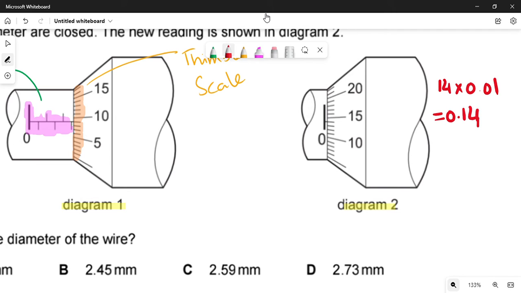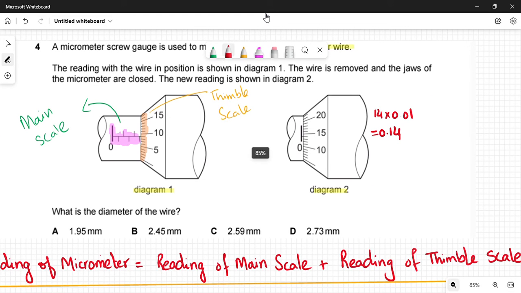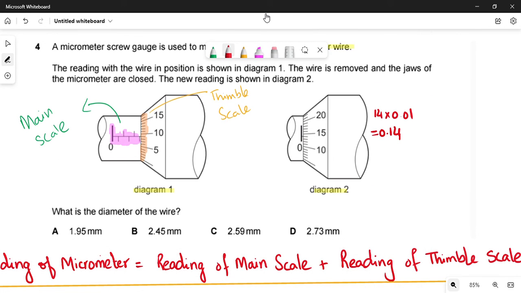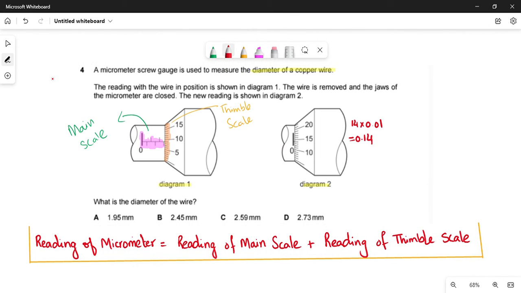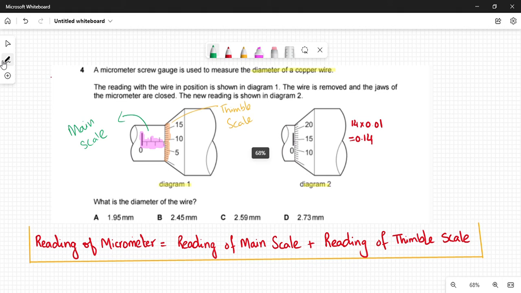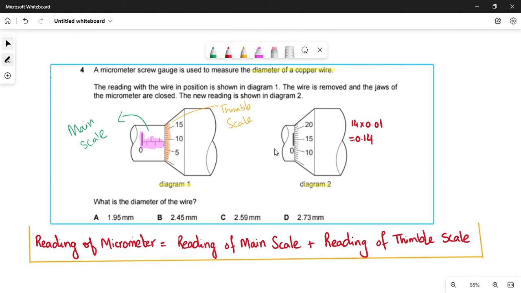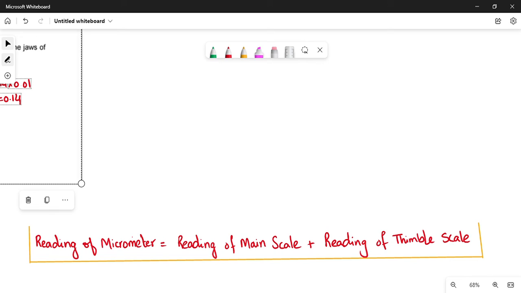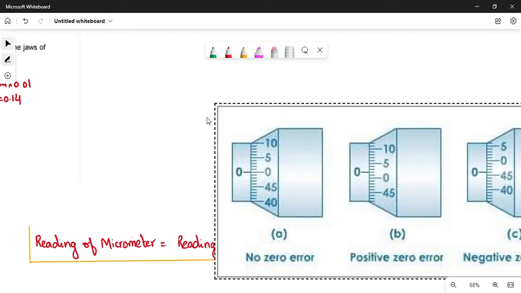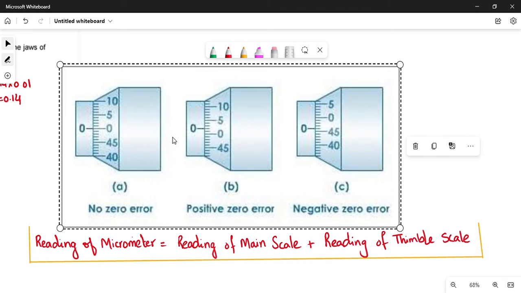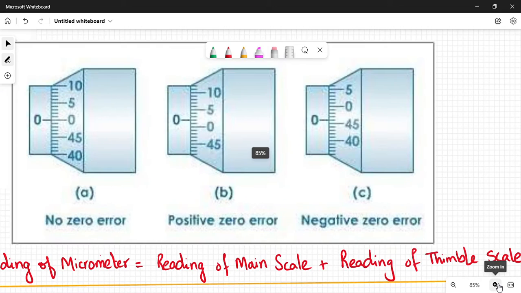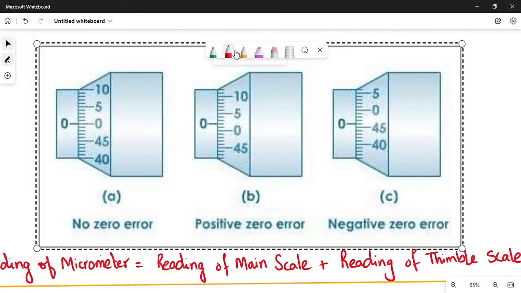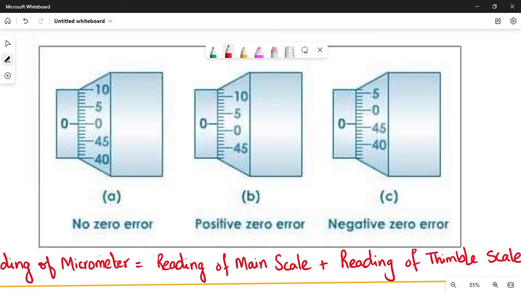Okay, so how do we find out the zero error? For example, let me share a picture with you, it will be more clear to you. Just give me a minute. Okay, so this is the diagram which we should observe carefully. You can see that the main scale line is coinciding with 0 on the thimble scale.